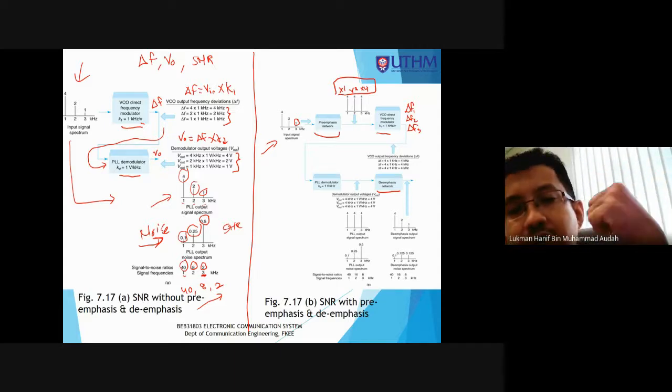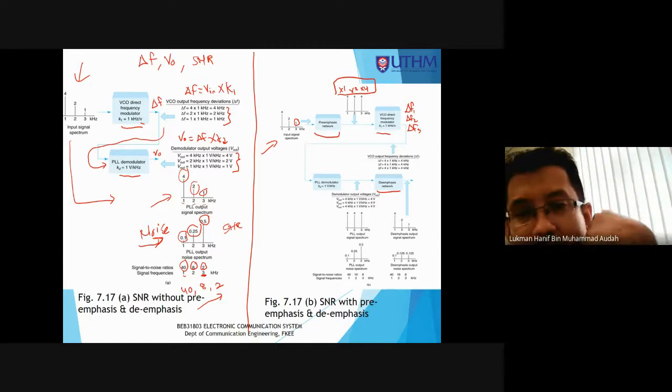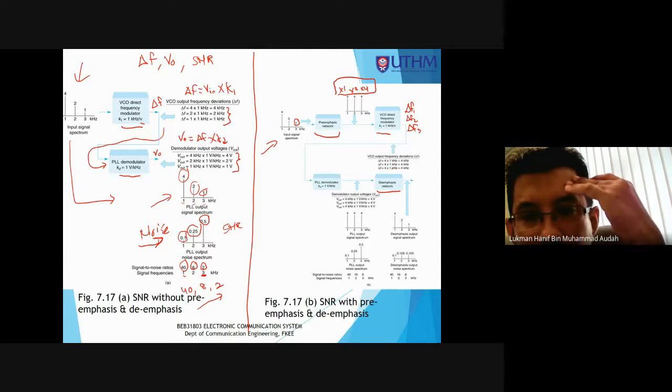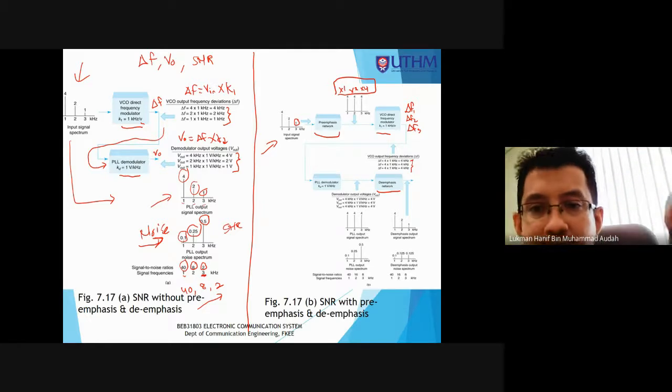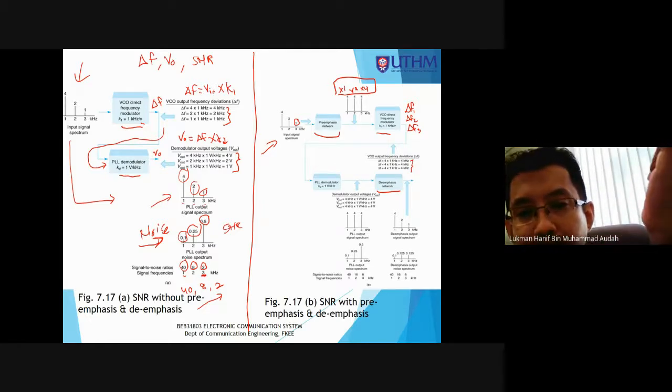Delta F is equal to V input multiplied with K1. 4 volt multiplied with 1 kilohertz per volt, and also for the others. So we get delta F equal to 4 kilohertz for each. Ada 3 nilai delta F di sini iaitu 4 kilohertz. Delta F1 sama dengan 4, delta F2 sama dengan 4, delta F3 sama dengan 4 kilohertz.